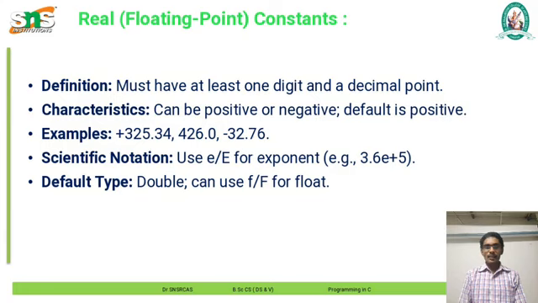For example, +325.34, 426.0, and -82.76. For scientific notation of floating constants, use e or E. There is an example: 3.6 times 10 to the power 5. By default, it is double. We can use f or F for floating point constants.